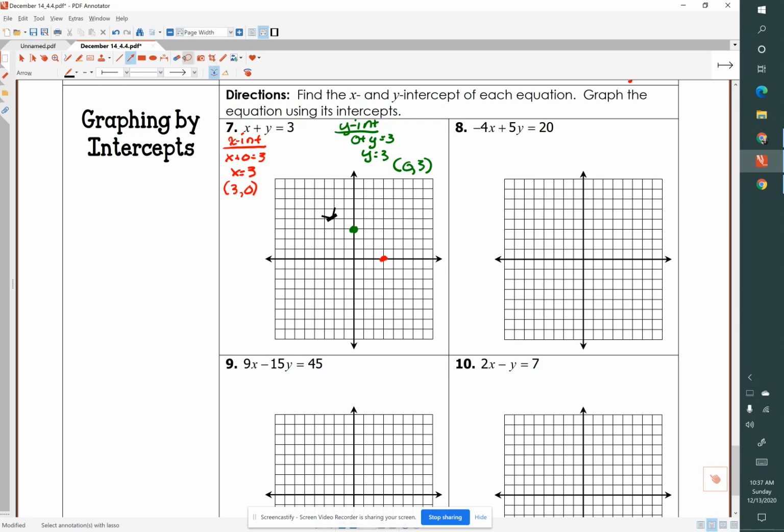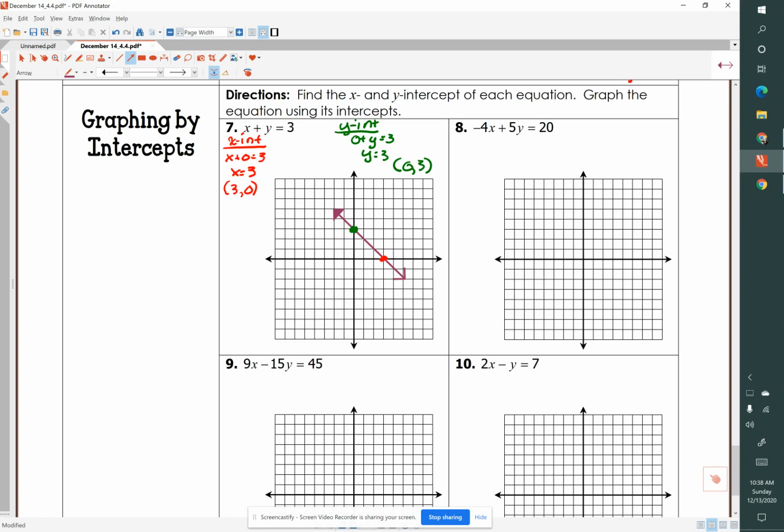Let me see if I can do it a little more accurately than that. And maybe using a nicer color. So here we go. And one more adjustment I need to make. I need to have an arrow on both sides. So there we go. Perfect. Okay, practice makes perfect.